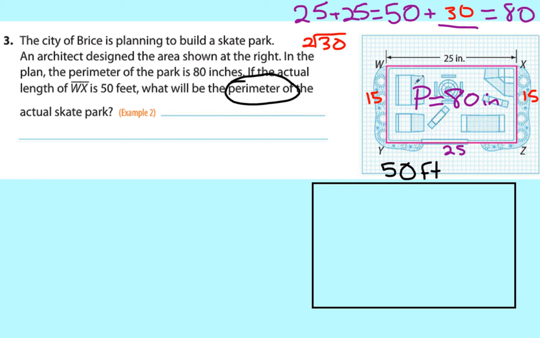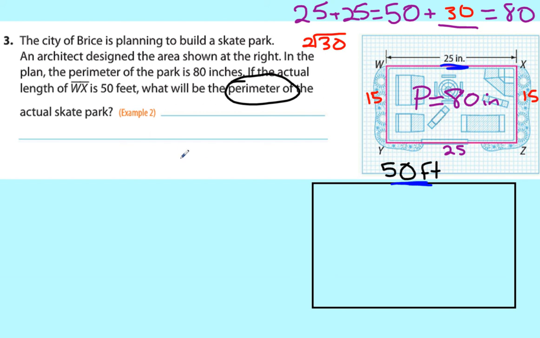Now we need to know what's our scale factor. And this one, hopefully it stands out to you, even before we did this, that we had 25 and 50. And we say, how do we get from 25 to 50? And we say, well, 25 times 2 is 50.